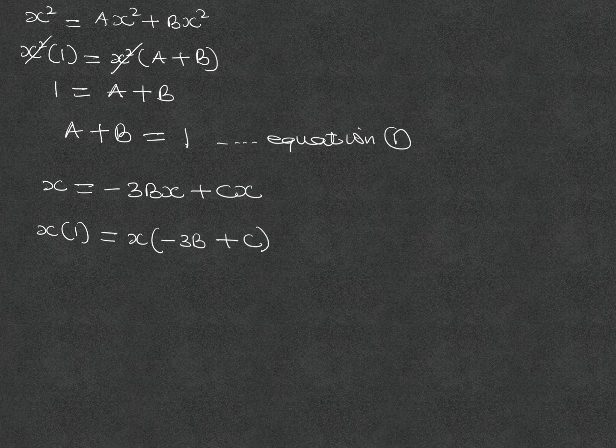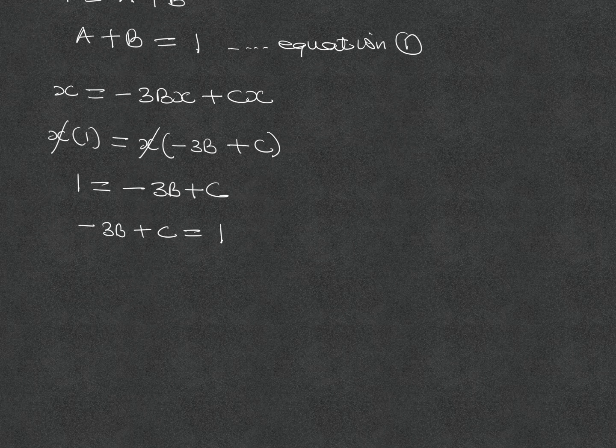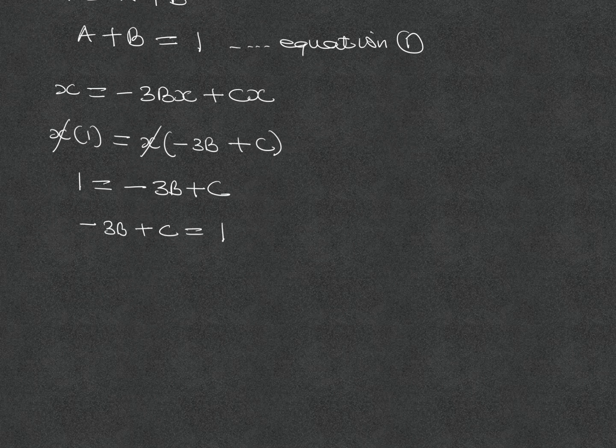Yeah. So x will cancel x. Then we'll have 1 is equal to minus 3b plus c. So it means we can say minus 3b plus c is equal to 1. This can also be written as c minus 3b is equal to 1. Let's call this equation 2.